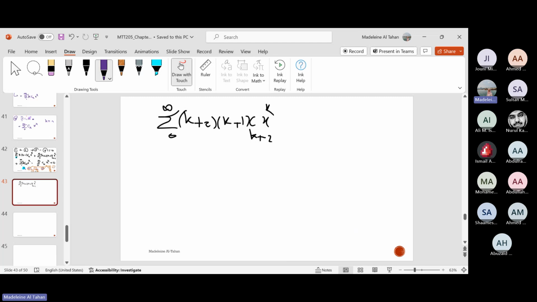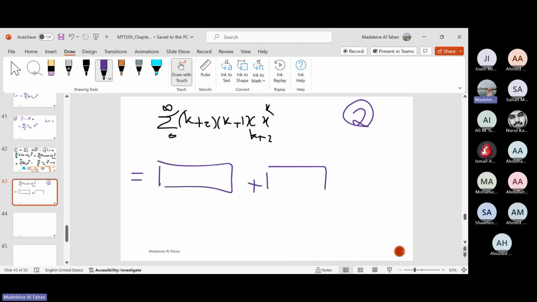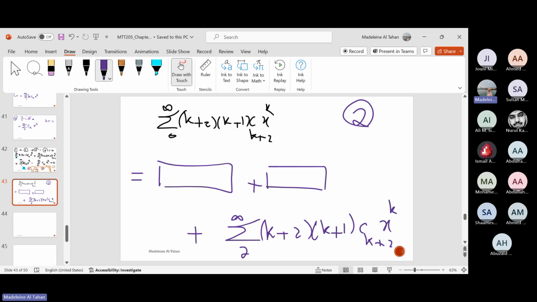This one is series 2. We need to write it at K equals 0 plus at K equals 1, right? Plus sigma from 2 to infinity of (K plus 2)(K plus 1) C(K plus 2) and here what do we have? XK.